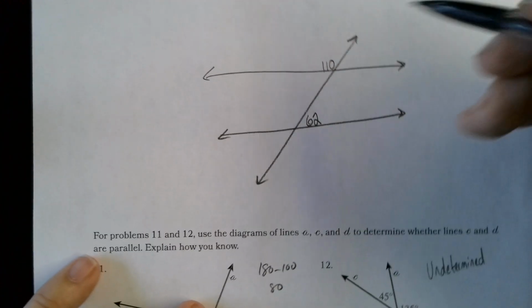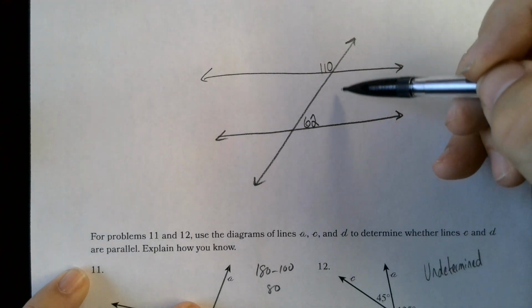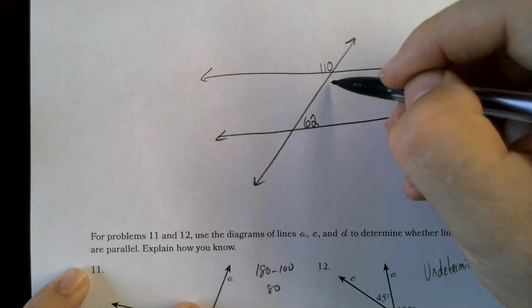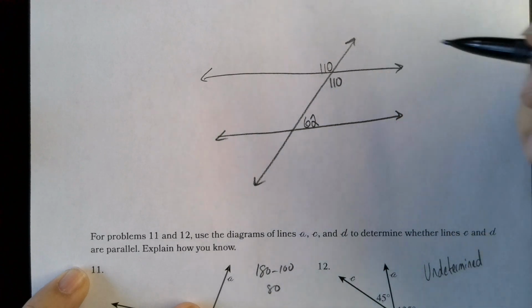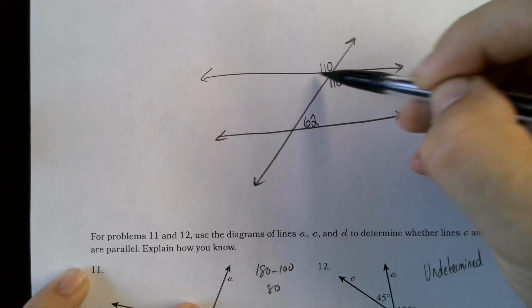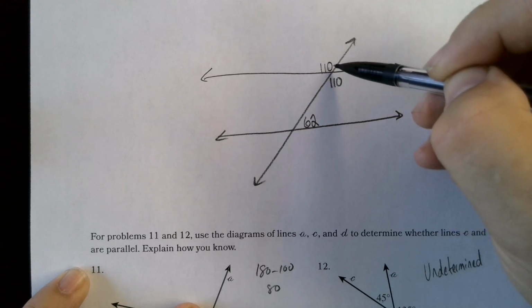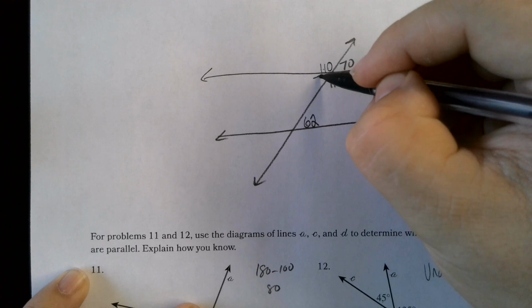Well, how would I know if these lines are parallel or not? Well, I need to finish filling in all of the angles. Again, vertical angles makes that 110. These are supplementary because they make a straight line. So 180 minus 110 is 70.